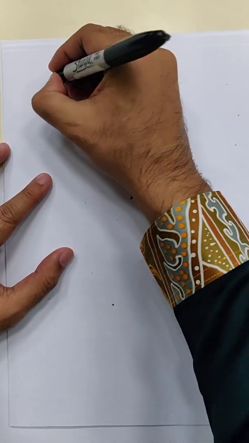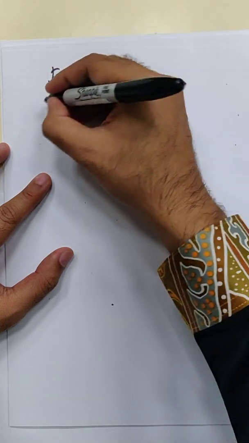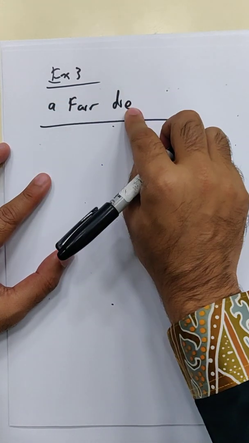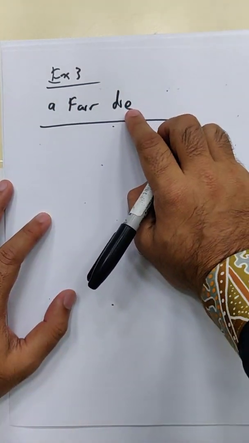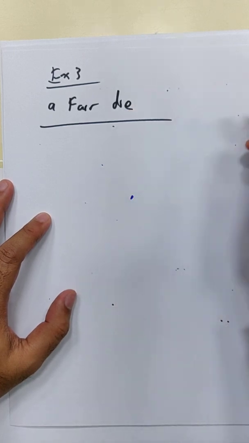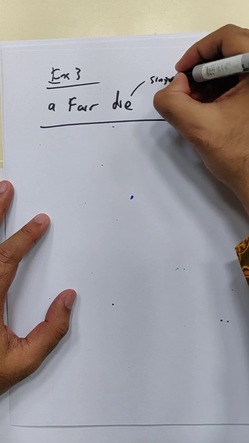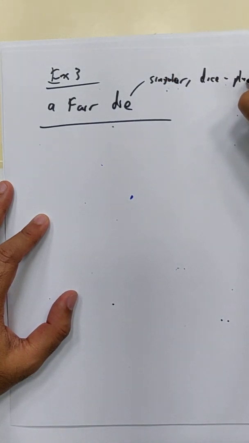Okay, a fair die. A fair die. What does this mean? Die, is it die, death? Die, singular, dice, plural.